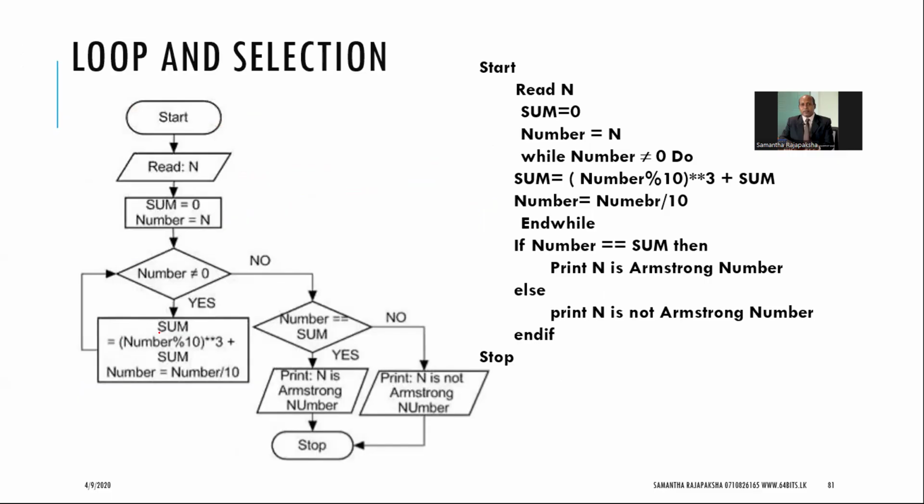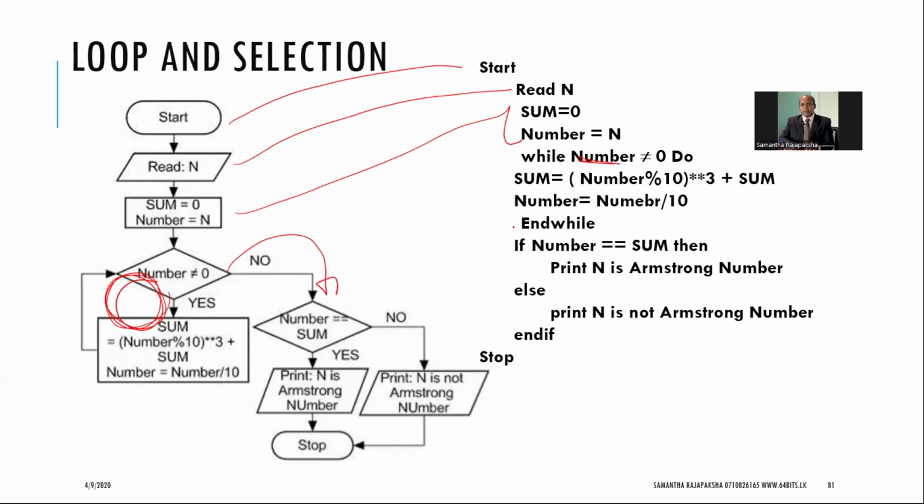This is another example. We start here, input the value, and these are some settings. And this is a loop. You can see it's rotating. It's a loop, therefore use a while here. After finishing the while, you come here. If it is true, this path, if it is false, this path.